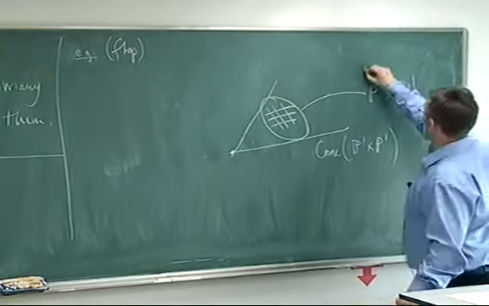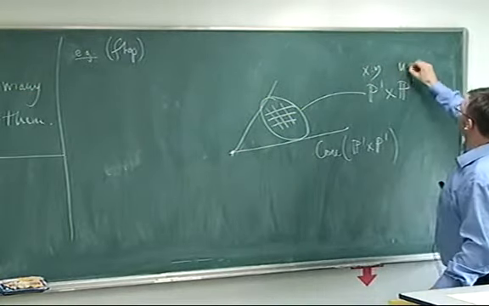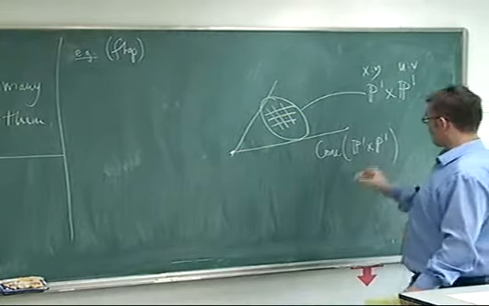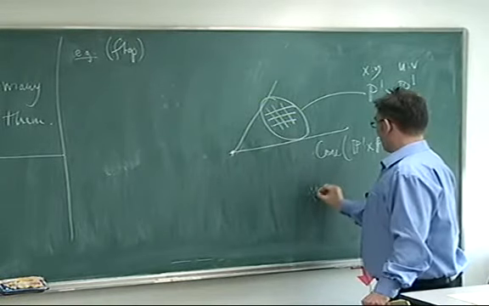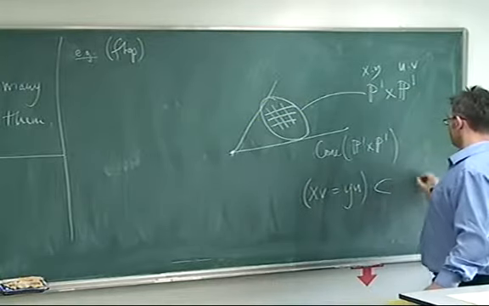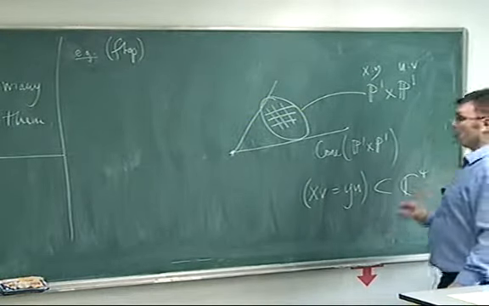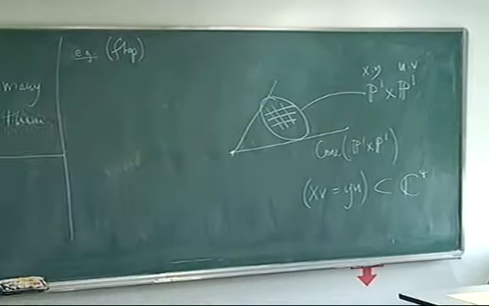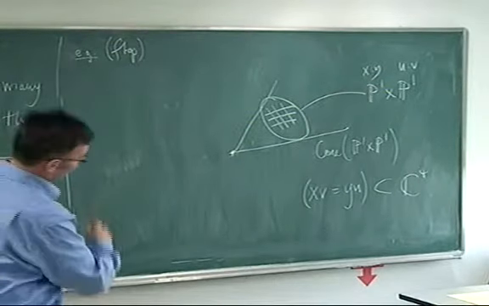Well, that's easy enough. I can describe this in equations. If this P1 is x to y and this one is u to v, then the cone could be xv equals yu sitting inside C4. So that's that picture there. And the origin is, of course, a singular point to that because there's no linear terms there.